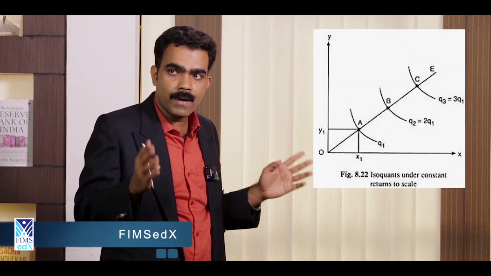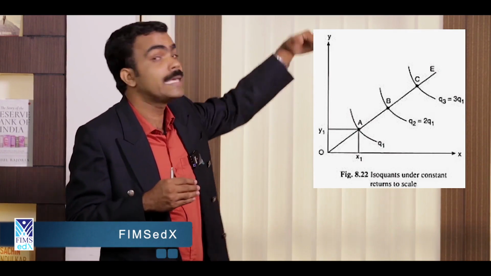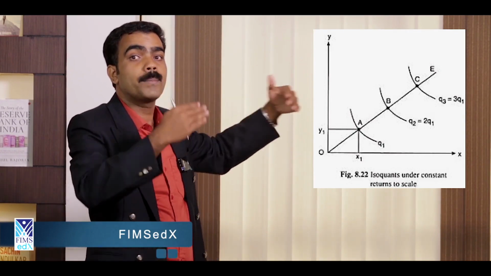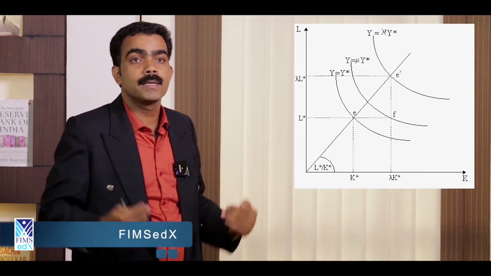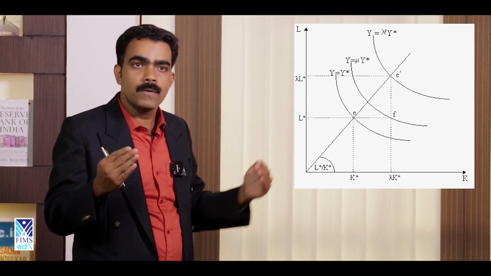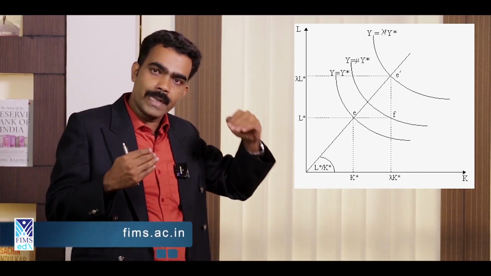The second one is constant return to scale. What is constant here? In all these isoquants, the gap between them is equal, where we are getting equal productivity or equal level of change. The third thing is decreasing return to scale. The output keeps decreasing: when we give more volume of input, we get only a lower volume of output.